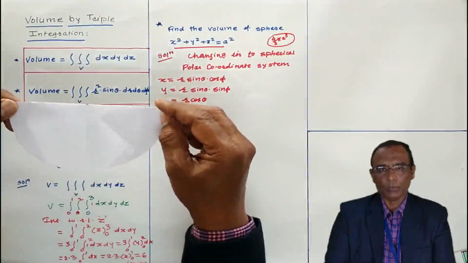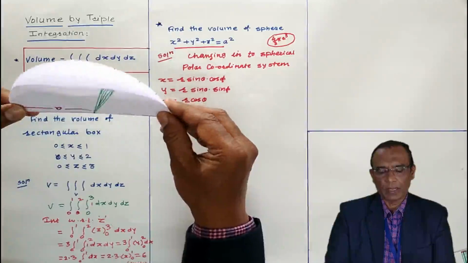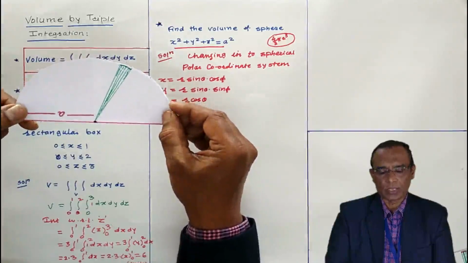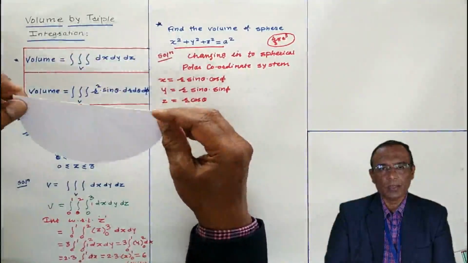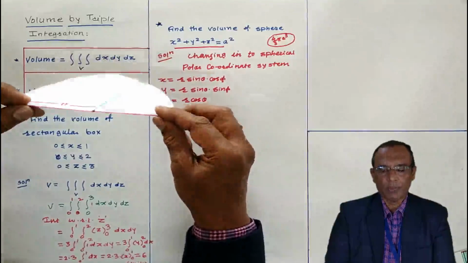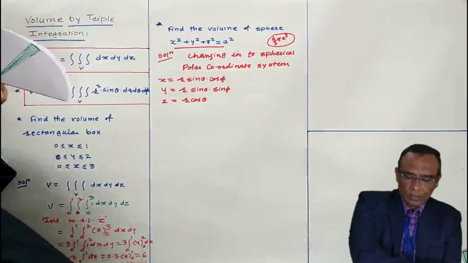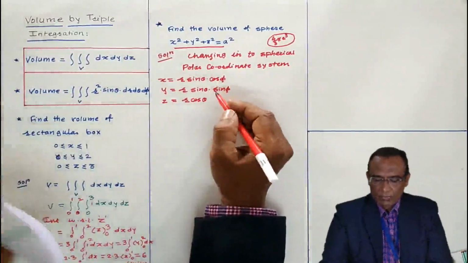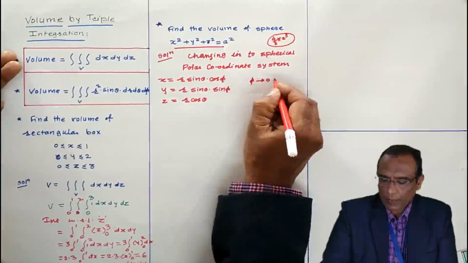Now I have moved through 180, I have moved through 270 and I have moved through 360 now. So from 0 to 2 pi we have rotated this, and in this way we cover the region of integration. Here I am calling this phi. Here phi varies from 0 to 2 pi.